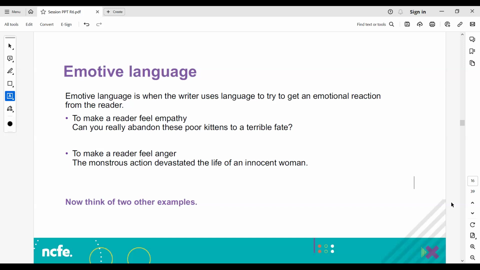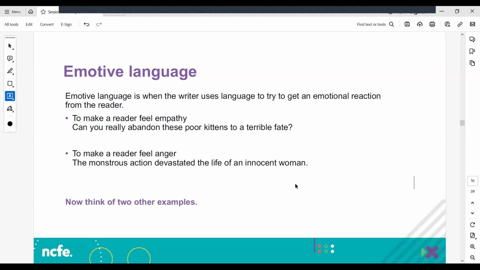Okay. Can anyone think of an example? You can just make something up using some emotive language. I'm going to write a sentence and I want to see if you can add some emotive language.